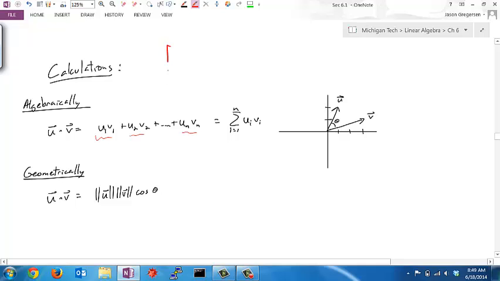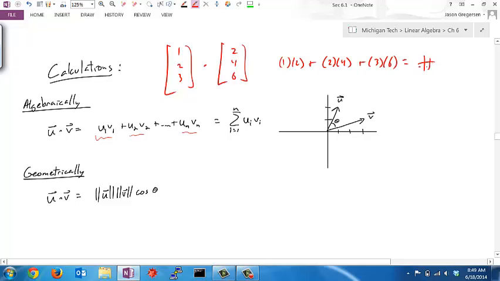So if I have the vector 1, 2, 3 dotted with the vector 2, 4, 6, I take 1 times 2 plus 2 times 4 plus 3 times 6. And I get some number answer. So the dot product is going to be a real number. In fact, it's also known as the scalar product. This is the fancy notation for that, using the summation notation.